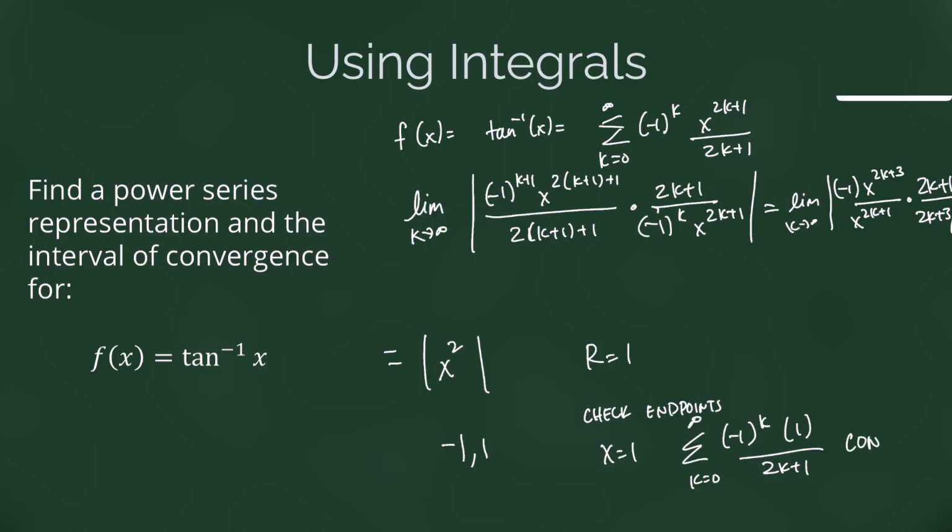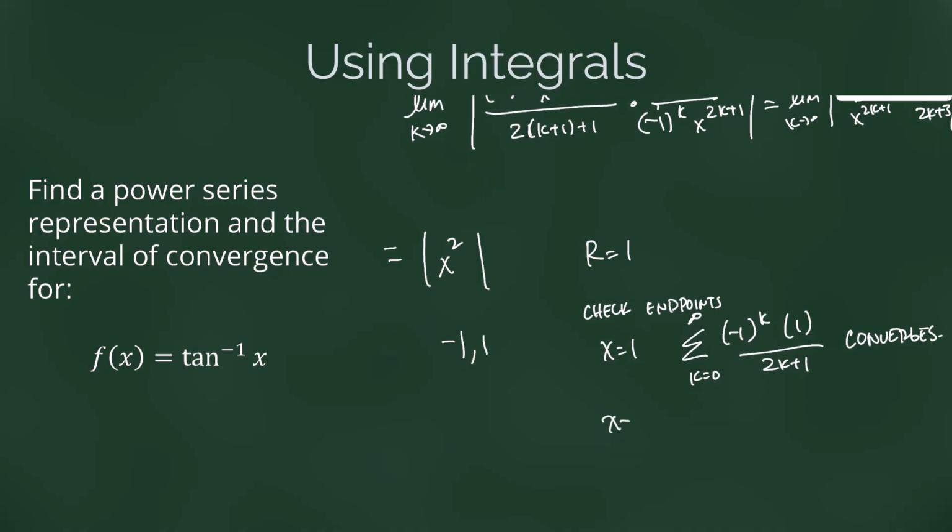So that, in fact, does converge. And similarly, at x equals -1, we're going to have the sum from k equals 0 to infinity of -1 to the k times -1 to the 2k plus 1 over 2k plus 1.